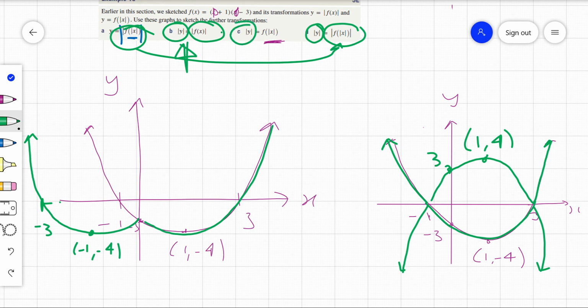Now we want the absolute value of y equal to that. So here's where it does affect it. Any negative parts we are going to get rid of. So I'm getting rid of this and this from the green because we don't need that anymore. Then we reflect in the x-axis any parts that we do have.